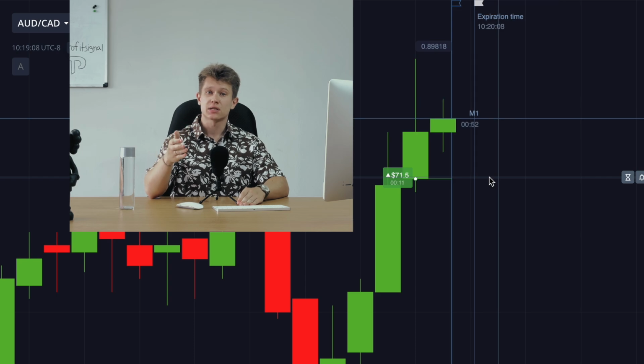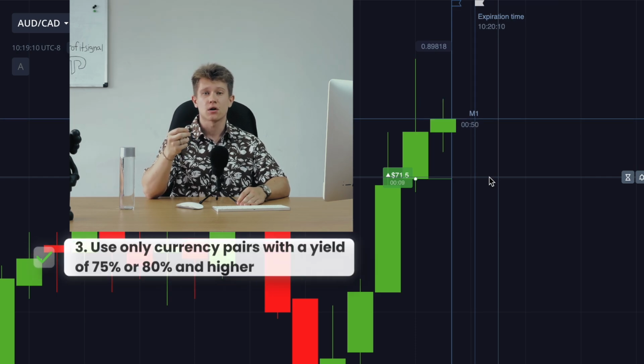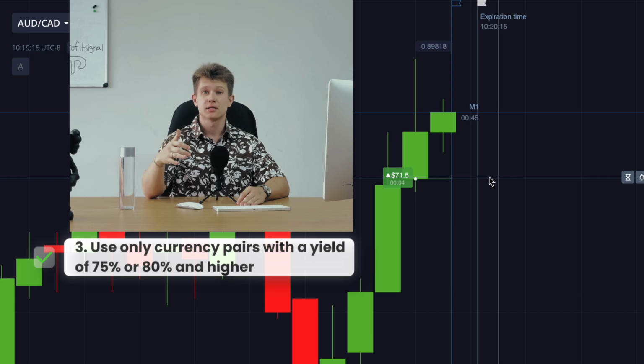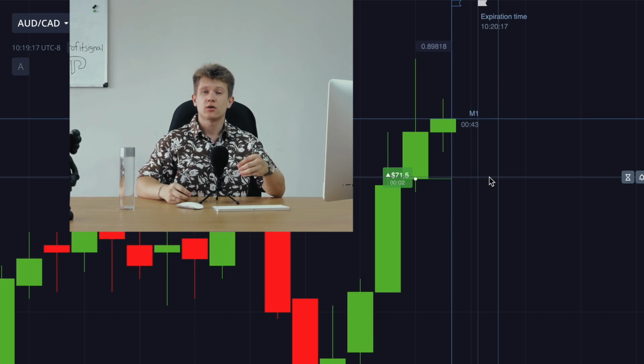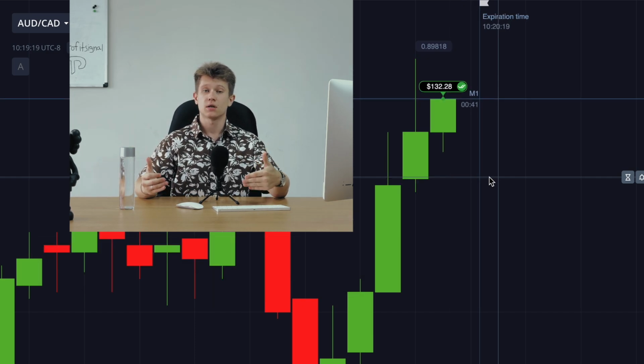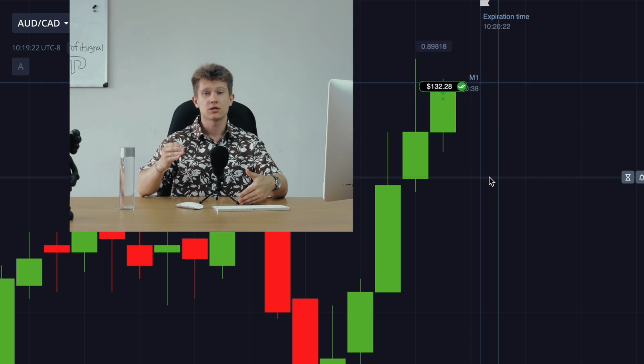Further, it's necessary to understand that we use currency pairs only with a yield of 75 or 80% and above. If you trade on low-yielding currency pairs, this strategy also carries additional risks for you.